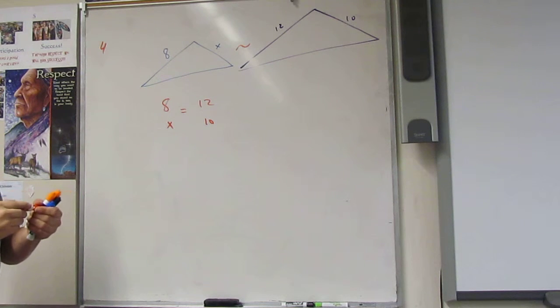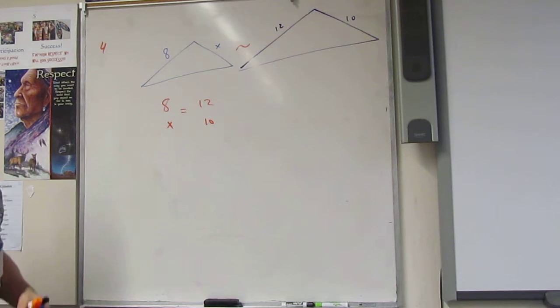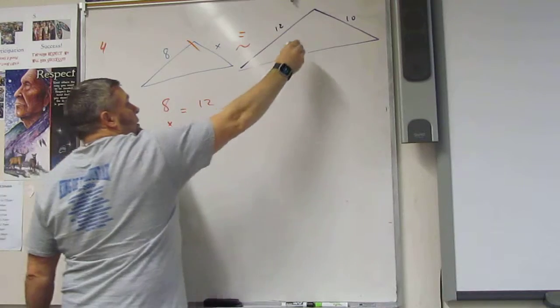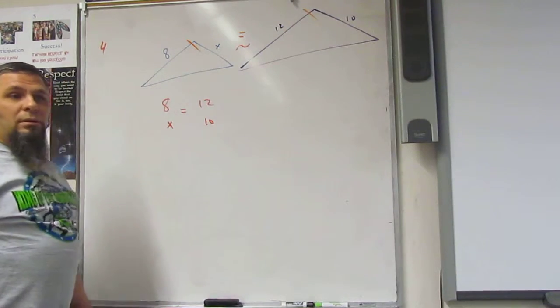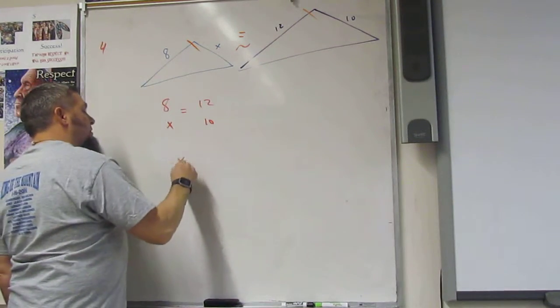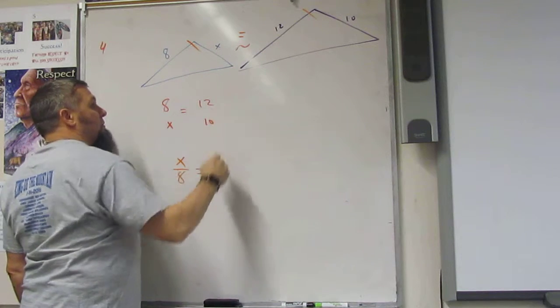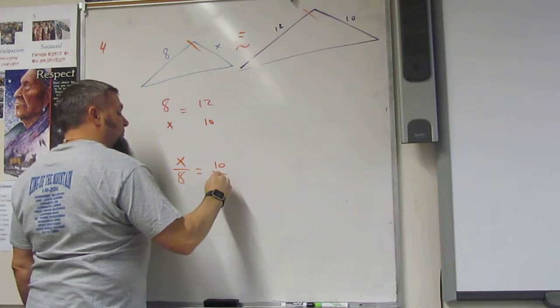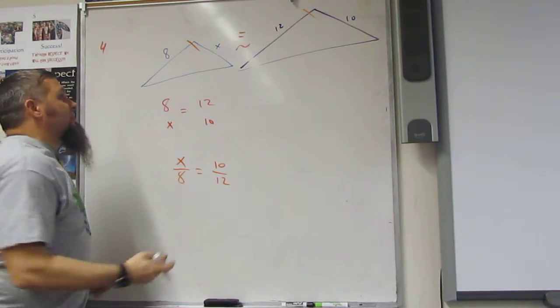But also, I always try to keep things easy, right? So, x over 8 is equal to 10 over 12. Or vice versa.